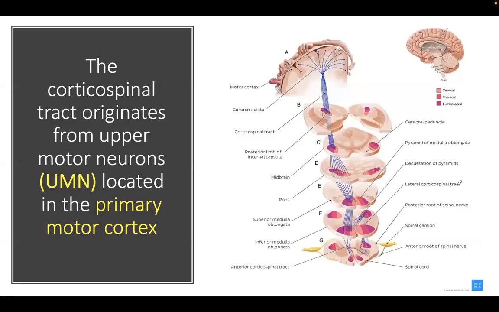Now let's dissect the actual pathway. So we have the motor homunculus here, and this is the primary motor cortex. So always remember the corticospinal tract originates from the upper motor neurons in the primary motor cortex. So this is where it originates from. This is the first order neurons here.